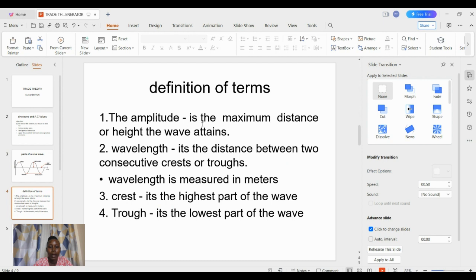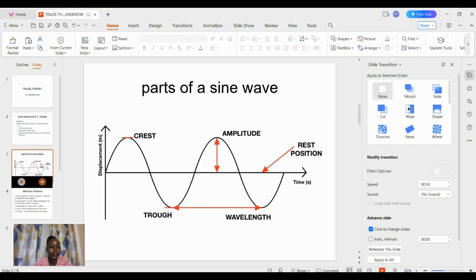Amplitude is the maximum distance or height the wave attains. And as you can see from our graph here, this is the maximum height this wave attains, and we are calling it amplitude.